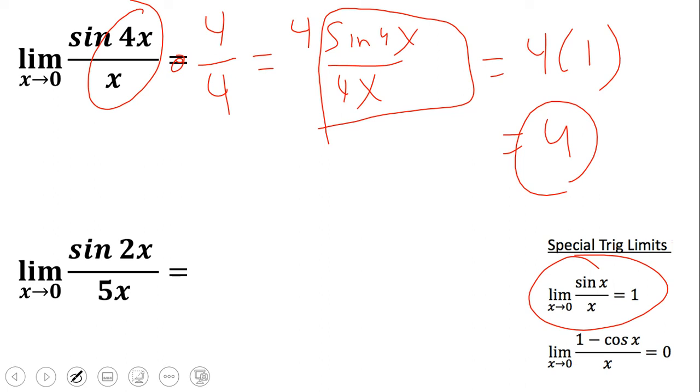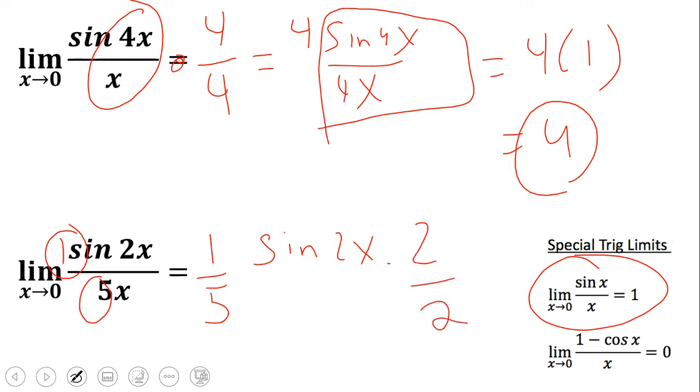Similarly, in the bottom one, that 2 that is inside the sine, I am not allowed to do anything to that. So I have to think to myself, what is it that I want to do instead? Well, first, I'm going to take this 5 and realize it's really a 1/5, and I'm going to factor that 1/5 out. That's then going to leave me with the sine of 2x over x.